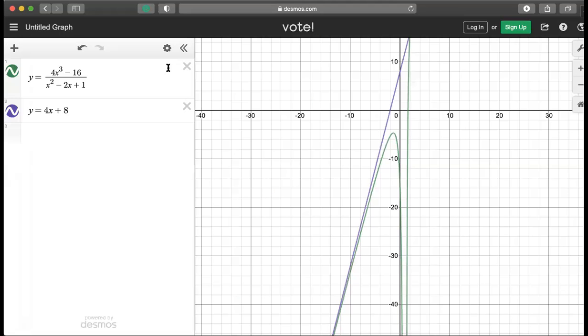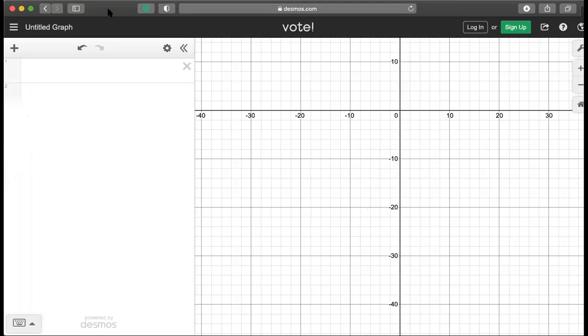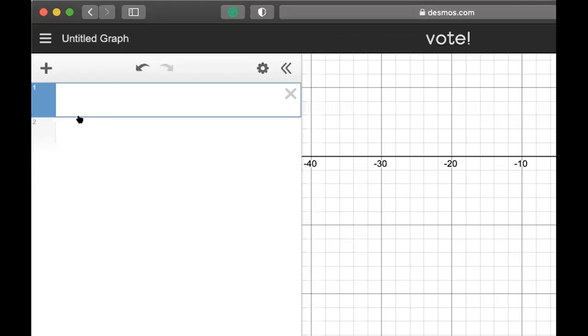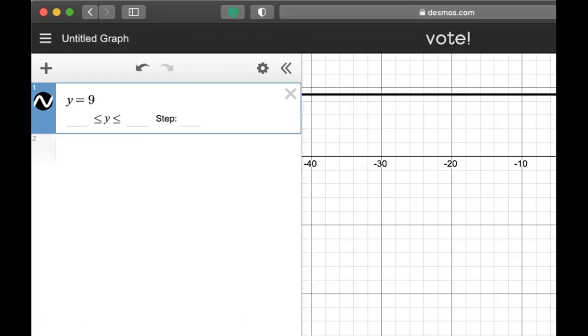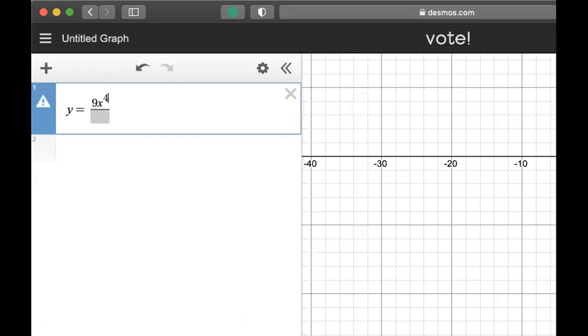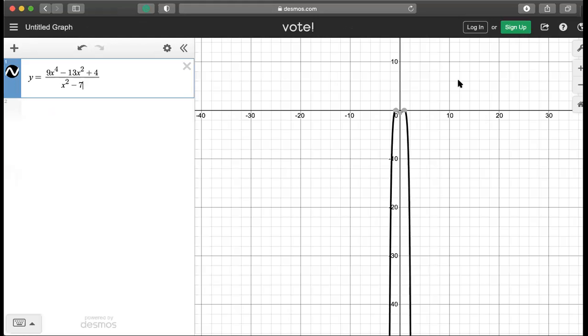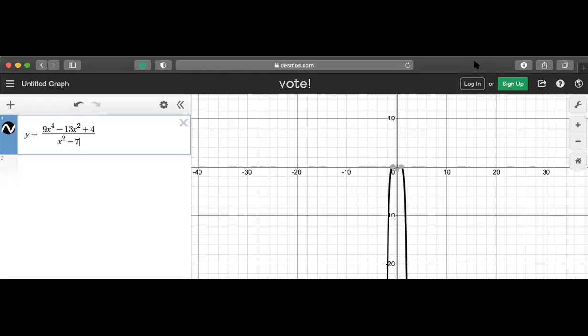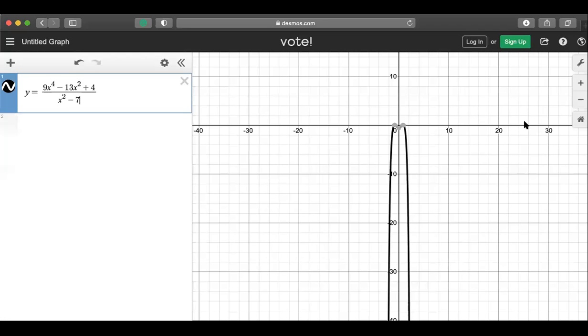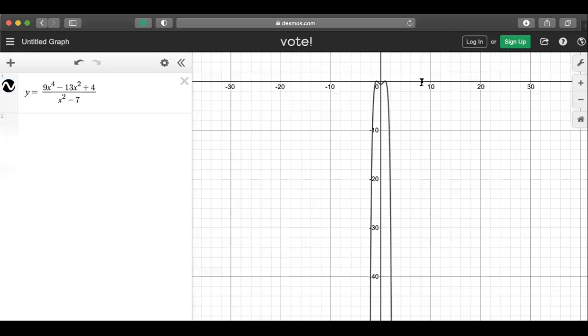Let's get rid of the last graph. And now we're going to put in y is equal to 9x to the 4th minus 13x squared plus 4 divided by x squared minus 7. Okay, so let's look at this graph.